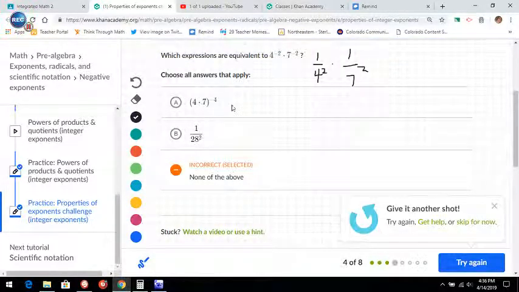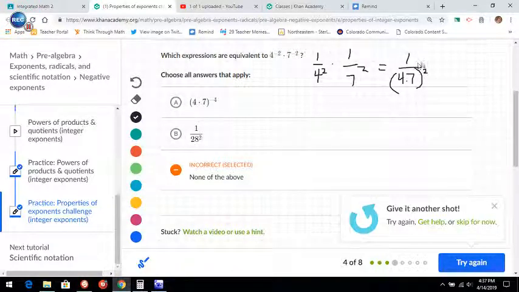Oh, I did it wrong. Uh-oh. Maybe I'm wrong on this. 1 over 4 squared times 1 over 7 squared. Oh, you know what? I think that you can do it that way. So that would be 1 over, yeah, you know what? I was wrong on that. That's 1 over 4 times 7 to the second power, which would be 1 over 28.